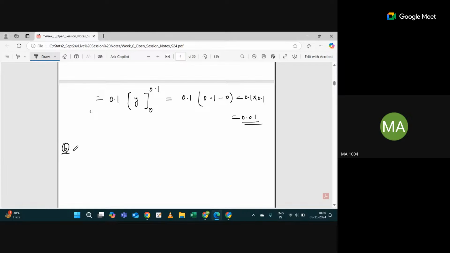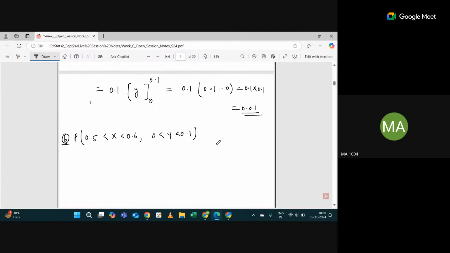Similarly, suppose I ask for the probability that x lies between 0.5 and 0.6 and y lies between 0 and 0.1. I have changed the area part. Let's first do it with the graph, then cross check with the integration, just to get the idea. So this is the whole region.